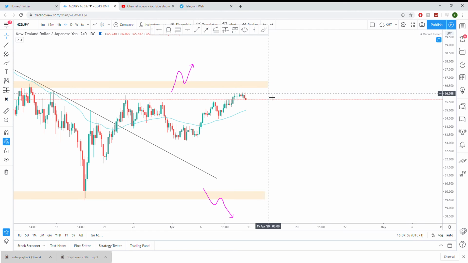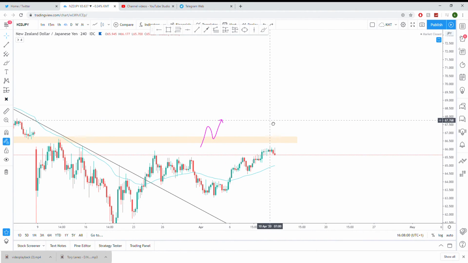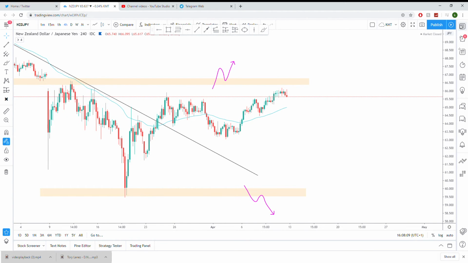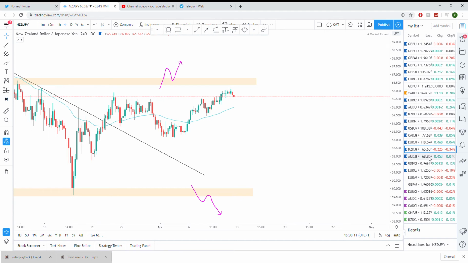If we do get that push again, ultimately we will be waiting for some good long opportunities. And as I said before, because of the weighted range here for a month, we could be looking at a good long-term move to the upside if we do manage to push out.